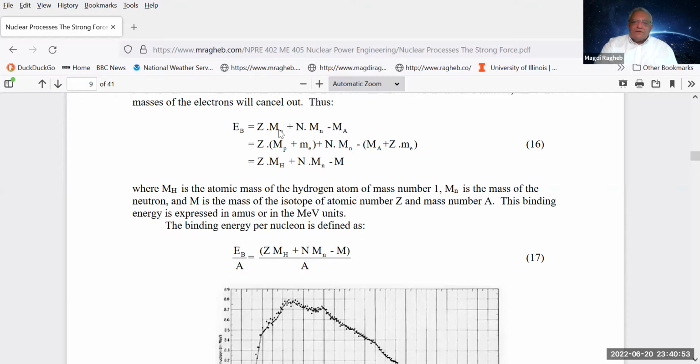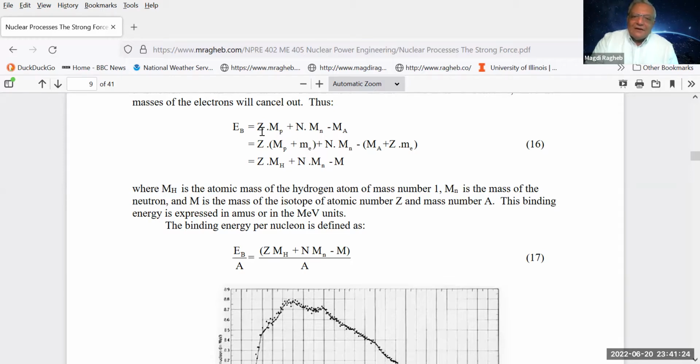Now, the reaction here should be in the nucleus itself, not the neutral atoms. However, if you have gone already to the chart of the nuclides in one of the assignments, you'll find that the data given to you are the masses of the neutral atoms. So this is the mass of the proton in the nucleus plus the mass of the electron.